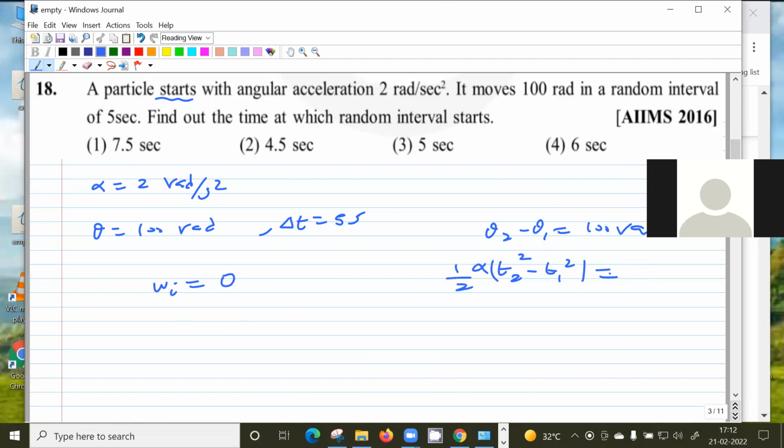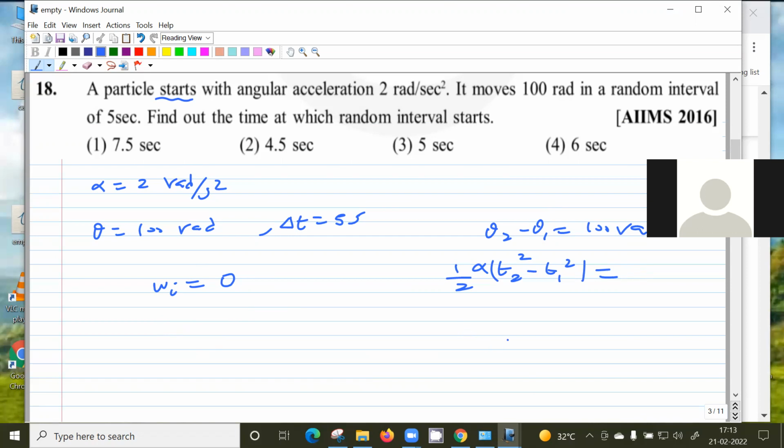You have to find t2 minus t1, which is known. Delta t is 5 seconds. Alpha is given.